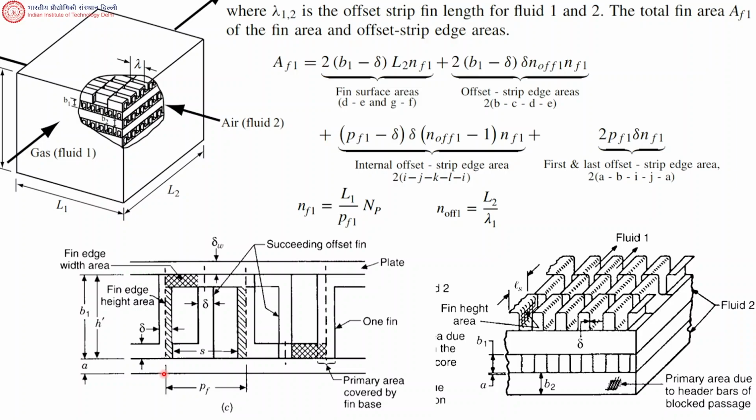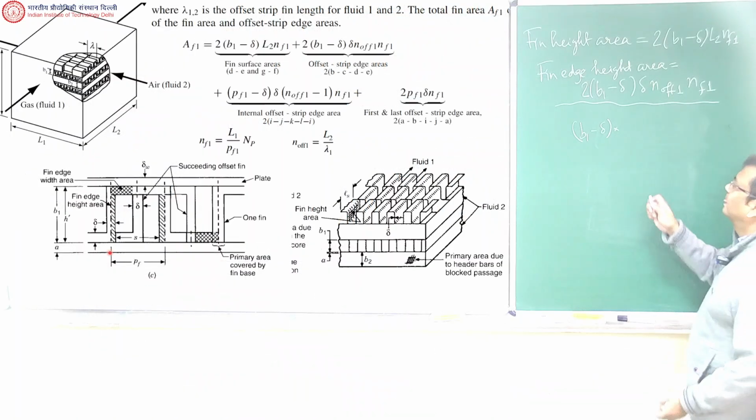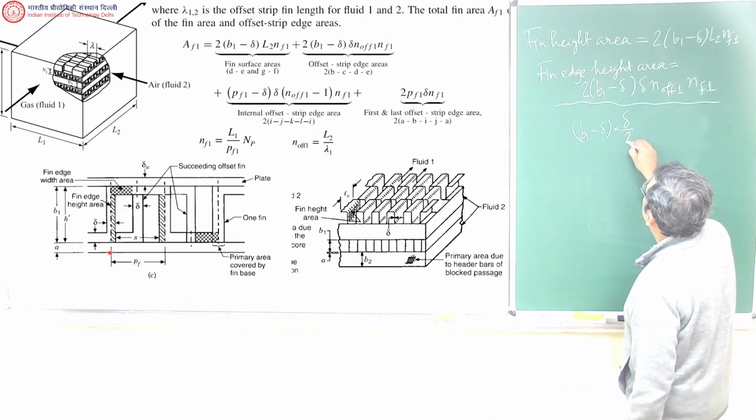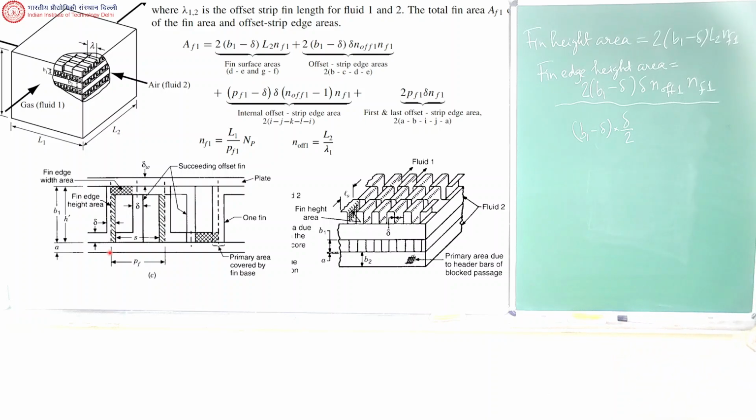I shouldn't call it thickness; it's length and breadth. Thickness is for more three-dimensional things. So that is delta by 2, it's not delta. Important thing to remember: this is delta by 2.